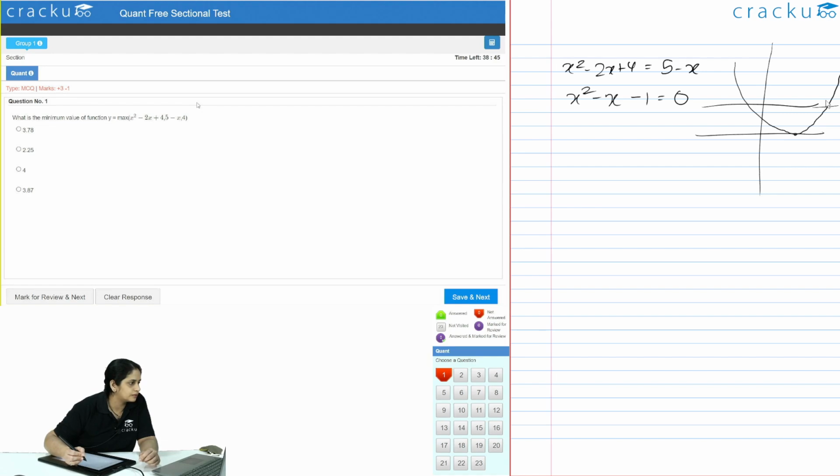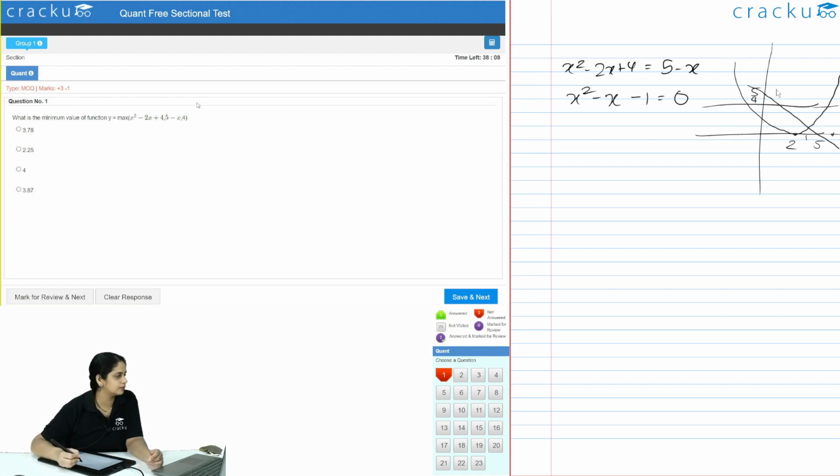For 5 minus x, at x equal to 5 this is going to be 0, and before that it is going to be positive. So this is 2, 3, 4, and this is 5.